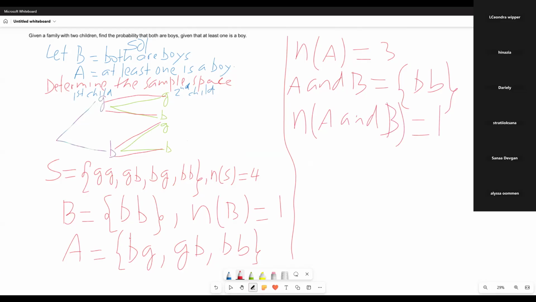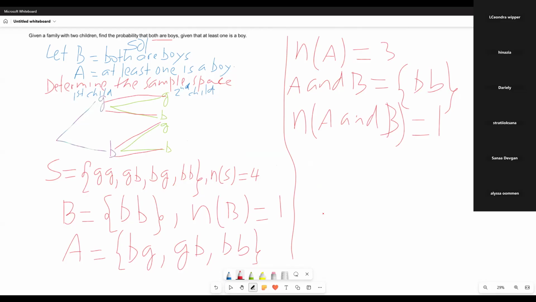Right? So look, the two events here: BB, that's B. A is BG, GB, BB. So they have one outcome in common. Boy, boy. This is clear. Yes. Now, what they ask is to find the probability that both are boys. So remember, we use B for both are boys, and we use A for at least one is a boy.